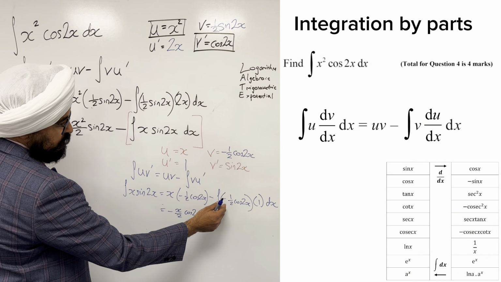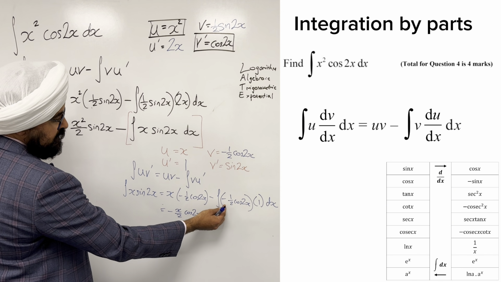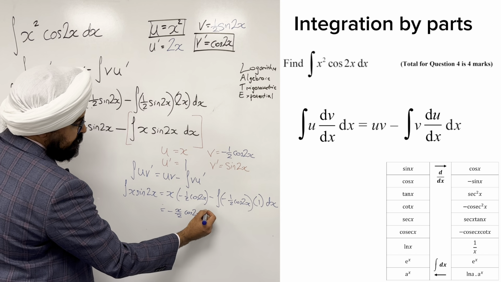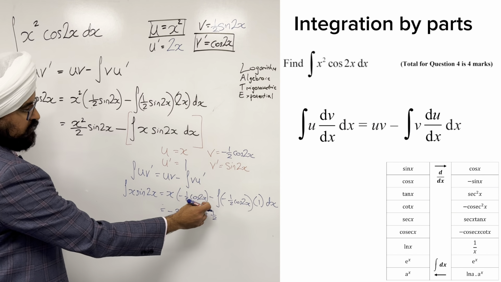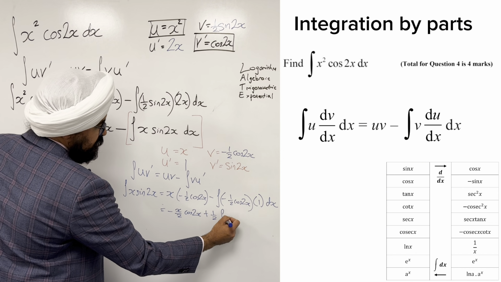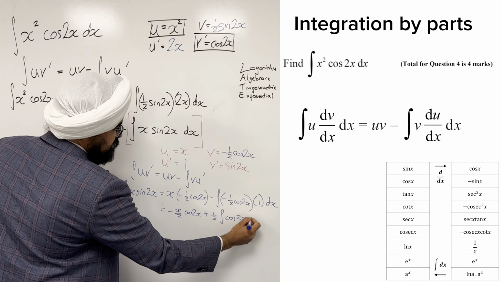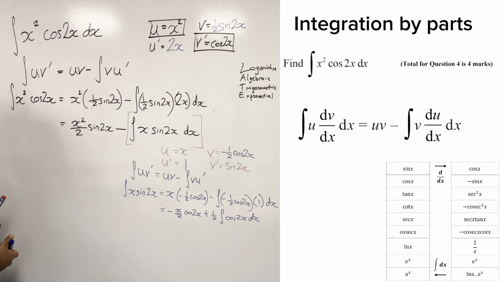What I'm going to do, before I integrate this, is take out the minus a half. If I take out the minus a half, you end up with plus half, because minus times minus is plus. I've taken out the constant a half, and then you just end up with the integral of cos 2x dx. That just makes your life a lot easier if you factorize out constants.